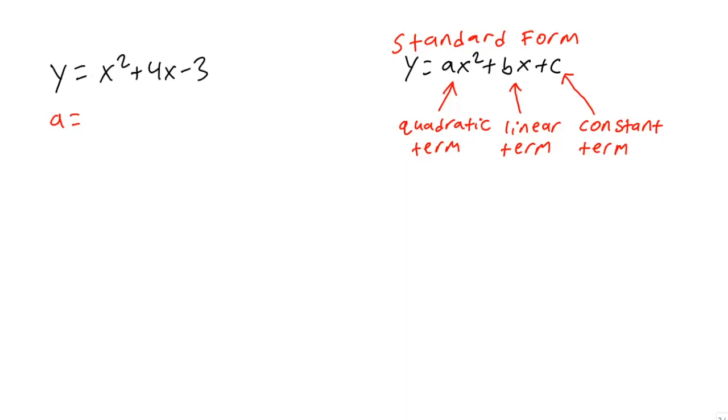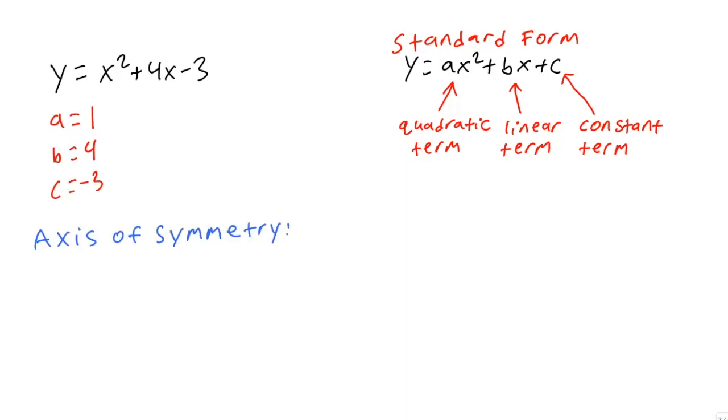What do we say when there's no number in front of the x squared? 1. 1 is in front of the x squared because there's nothing there. So there's just 1 x squared. For b, it's 4. For x, it's 4. For c, it's -3. It's the number by itself.